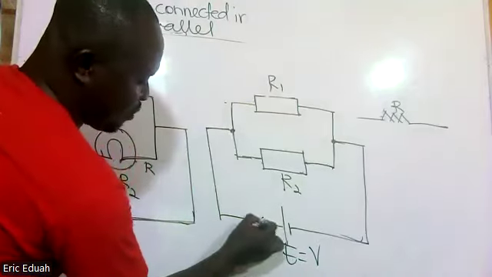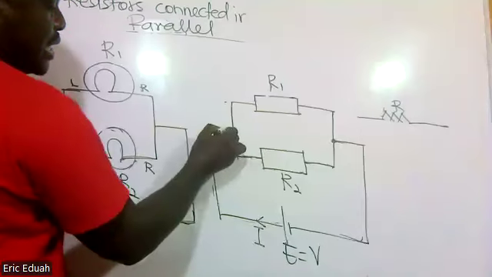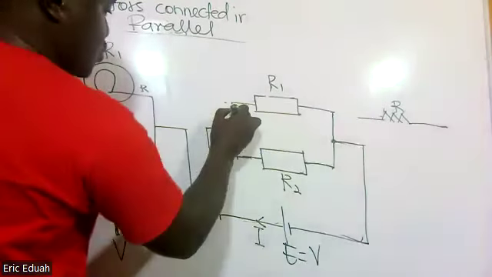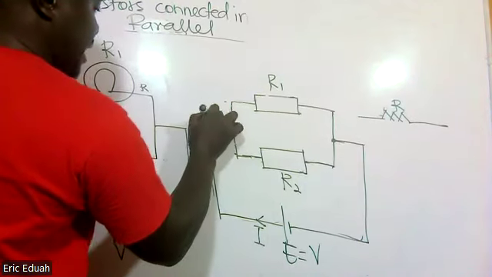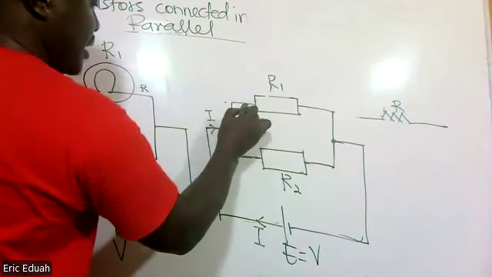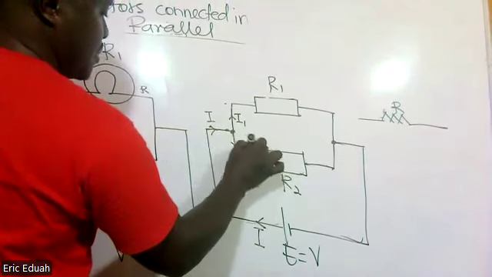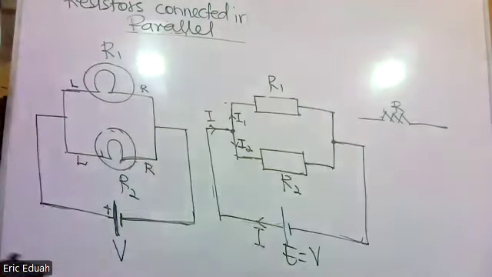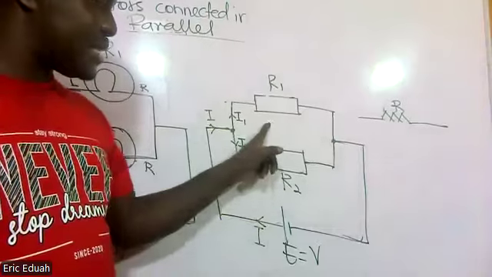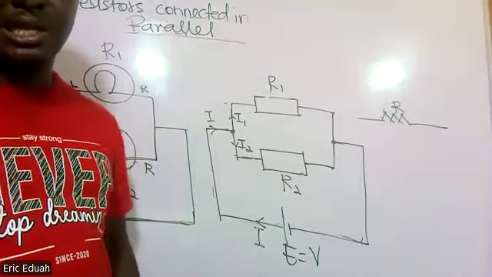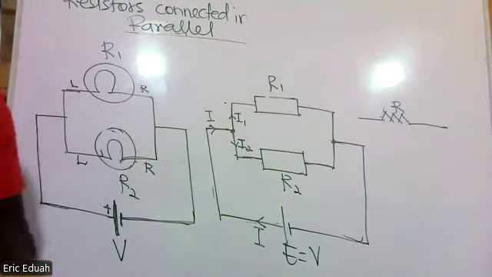Current always flows from the positive terminal to the negative. So it will flow from here, then when it gets here, it will break into two. What is entering the junction is I, but it will break into I1 and I2. So this time around, the current flowing through each one of the resistors varies because there is a junction.